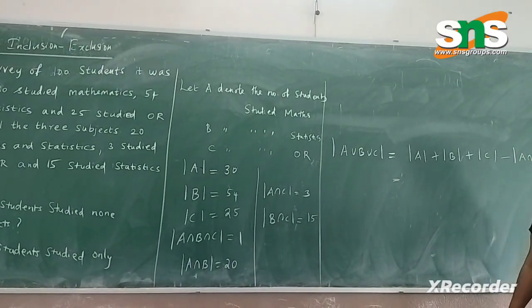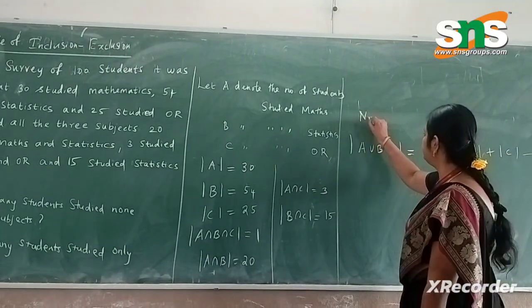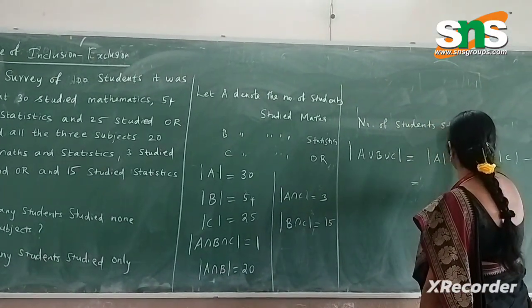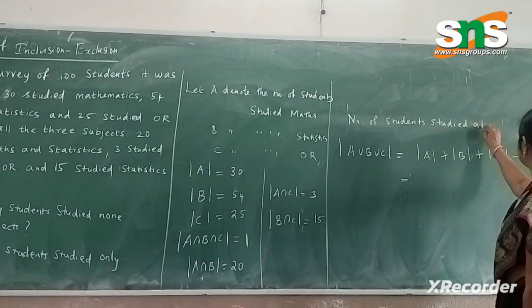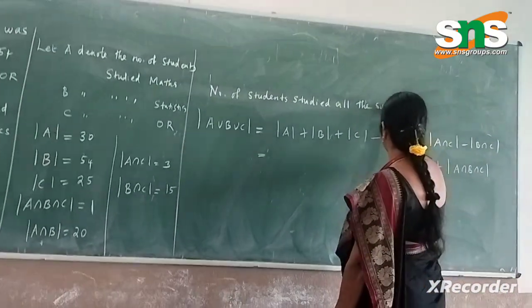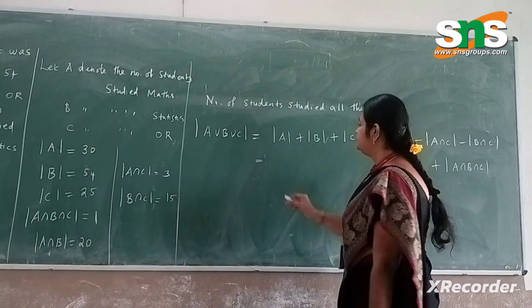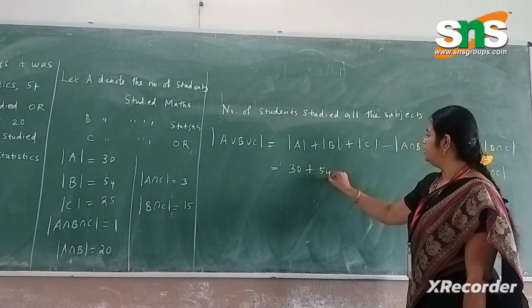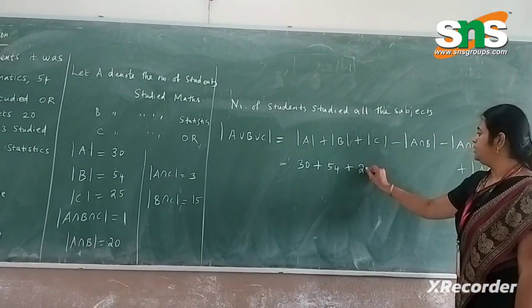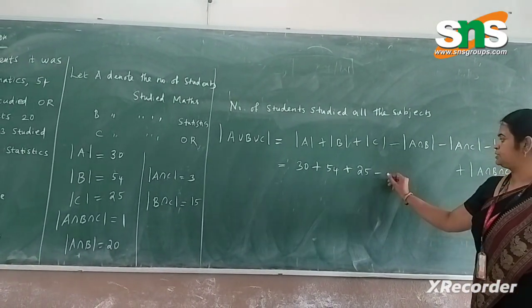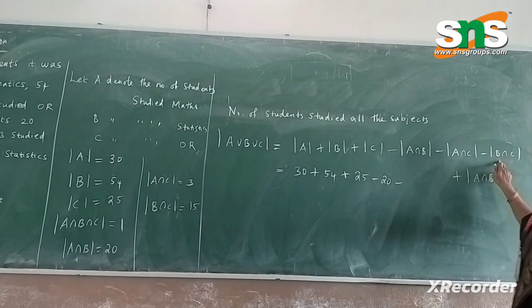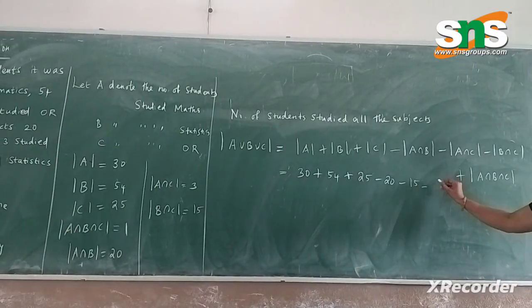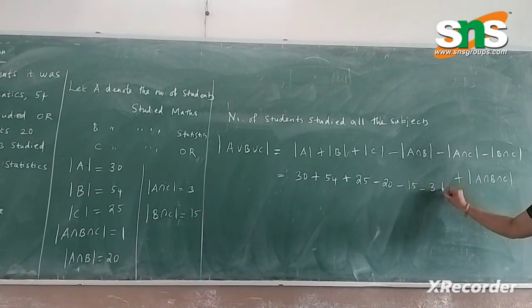This is nothing but the number of students who study at least one subject. It is equal to cardinality of A, that is 30, plus B is 54, plus C is 25, minus A intersection B, which is 20, minus B intersection C, which is 15, minus A intersection C, which is 3, plus 1.